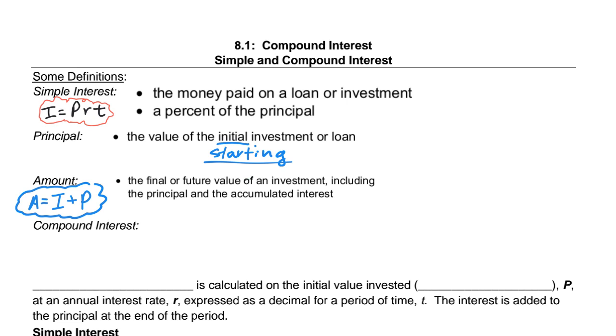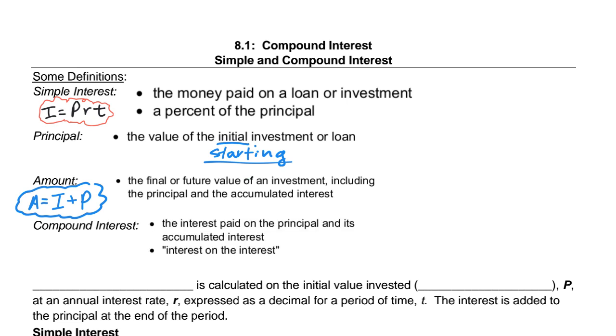Now, when we talk about the compound interest, we're talking about this. So instead of interest being paid on the number of years that something has been in there, instead we get interest paid for every compounding time.